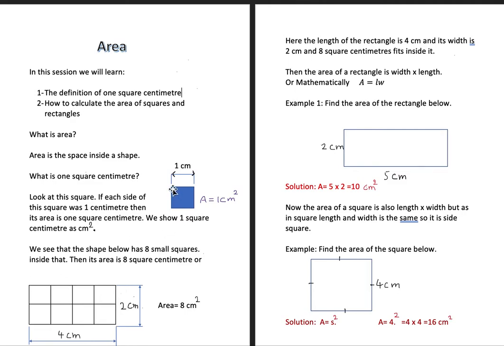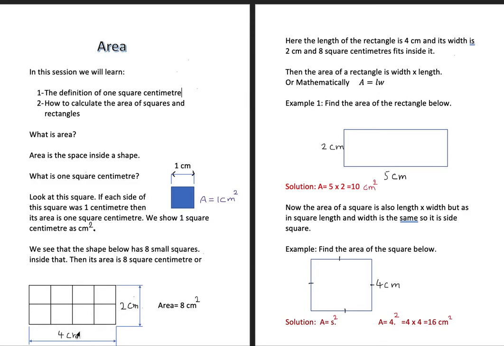As this is only 1 centimeter across and 1 centimeter long, each one of them will be a square with a side of 1 centimeter. In other words, each one of them is 1 square centimeter, and we are able to fit 8 of them here.